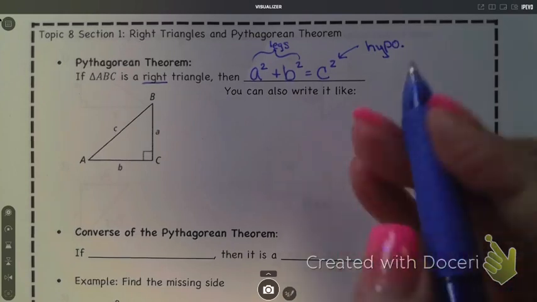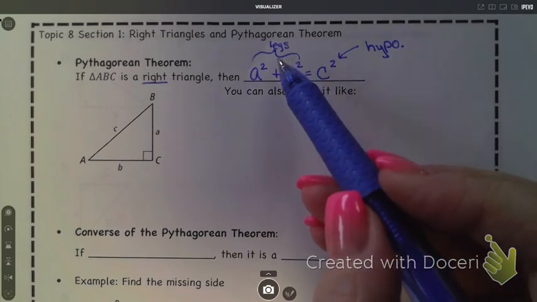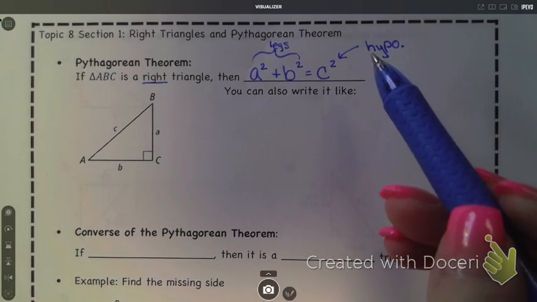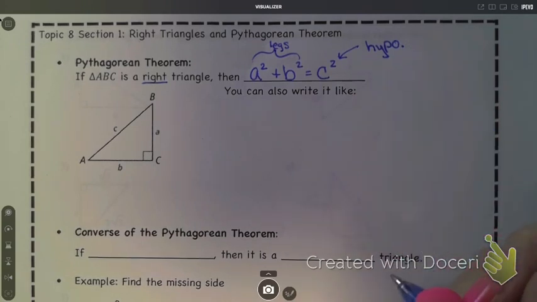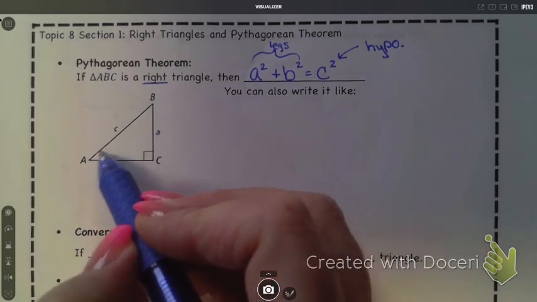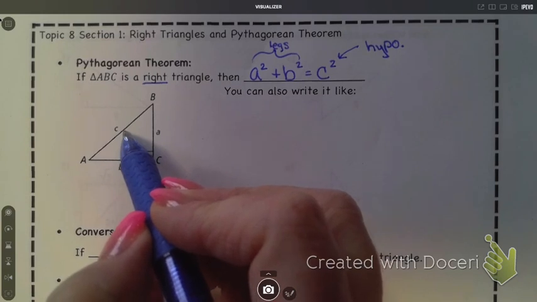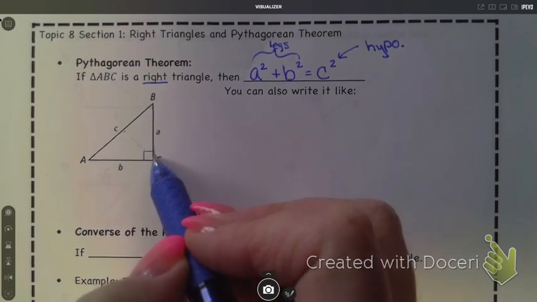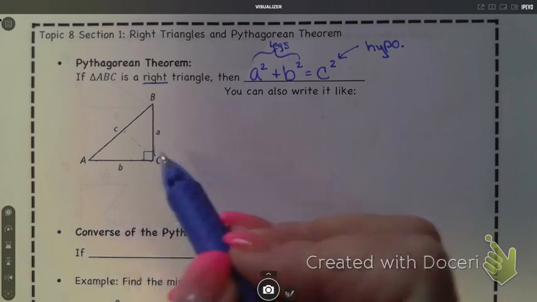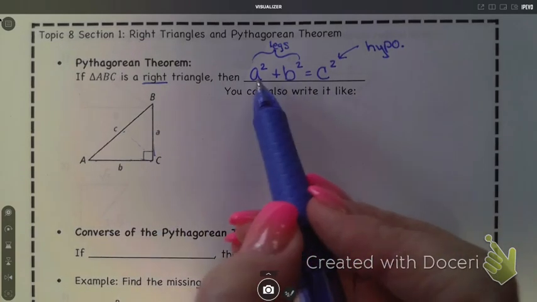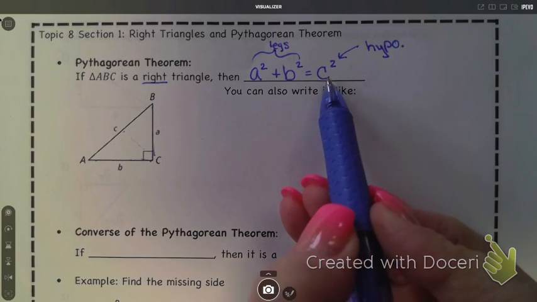Legs are legs, and hypotenuse is a hypotenuse, but how do you tell the difference? Hypotenuse is the longest side or the side the right angle is pointing to. It's the longest side opposite the right angle, correct? And the legs make the right angle. Does it matter which leg is A or B? No. Does it matter what's the hypotenuse? Yes.